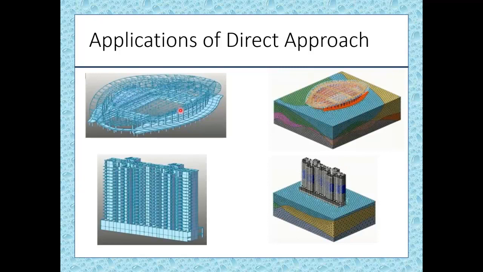We have our stadium completely analyzed and designed in the Midas Gen program, which was taken directly into GTS NX, wherein we can see the foundation was modeled and the soil has been modeled, and then the direct analysis has been performed. Similarly, over here for a multi-storied structure, we can see how the structure was modeled in Gen and taken into GTS NX. We will see exactly how this entire procedure works in the demonstration now.